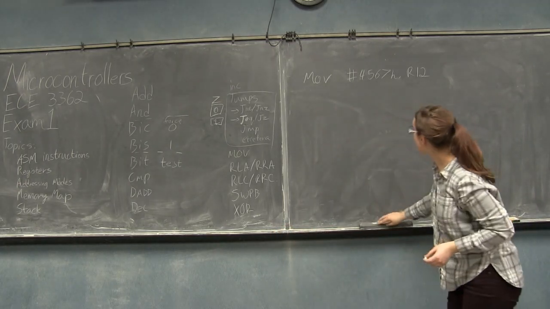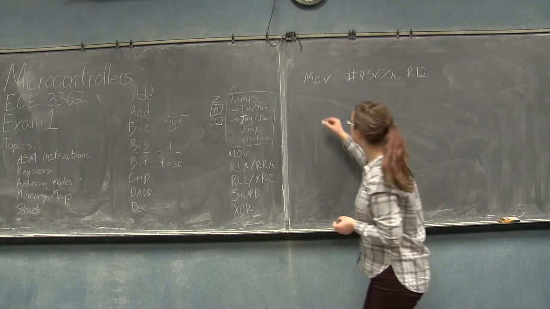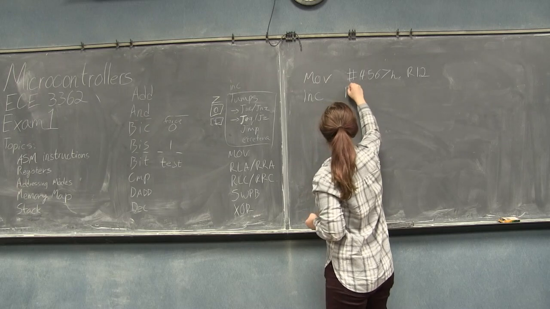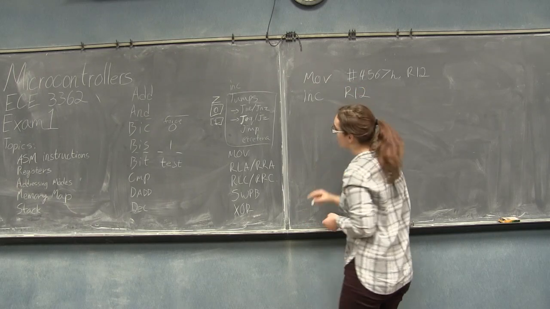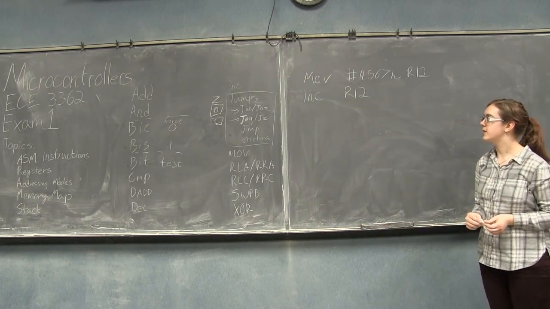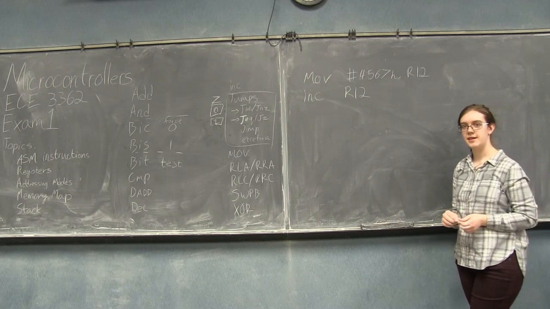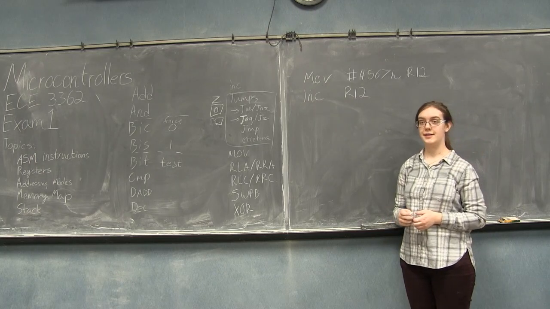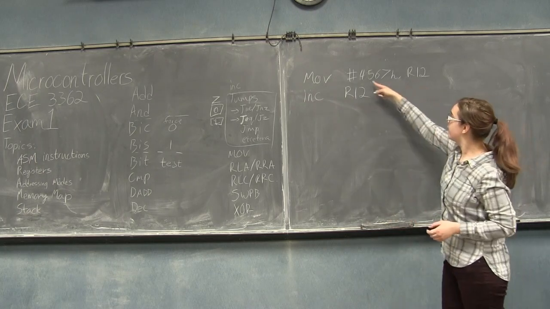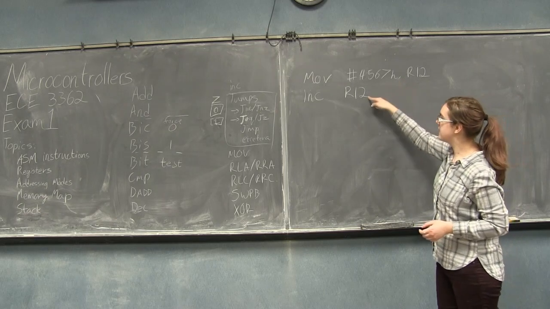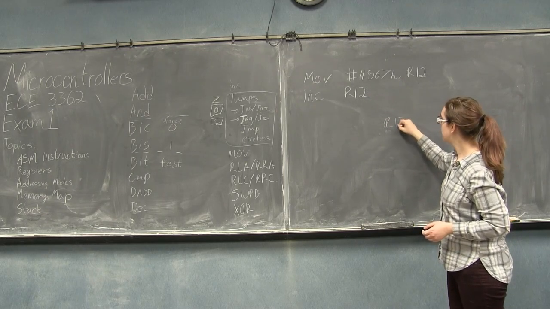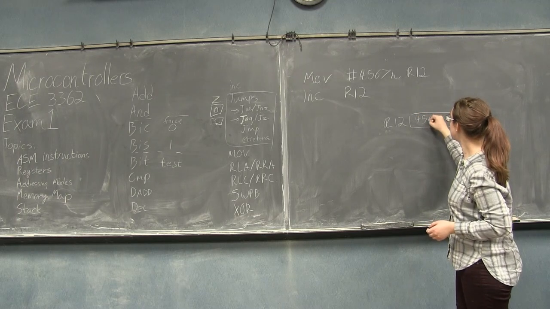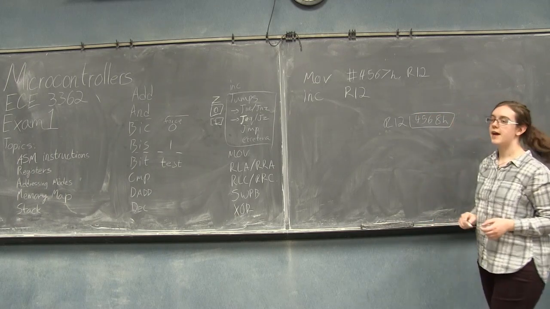Okay, so we have this value in R12. Increment is a 1 operand instruction. And what it does is it's shorthand for add 1. So if R12 had 4, 5, 6, 7, after the end of this instruction, R12 would contain 4, 5, 6, 8.